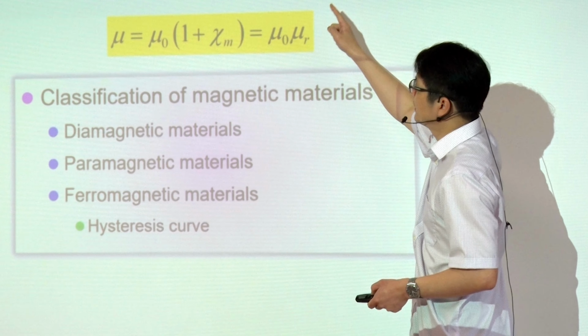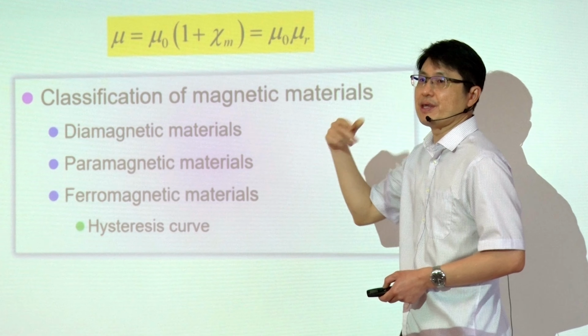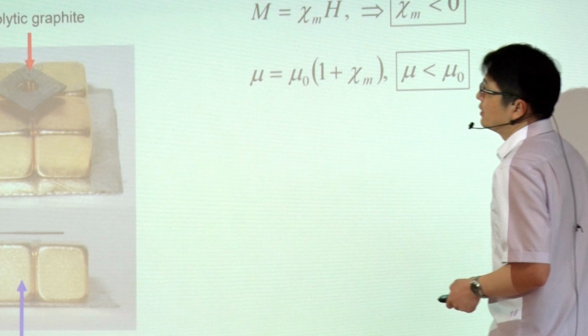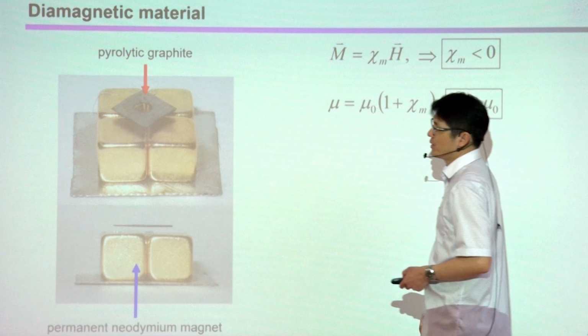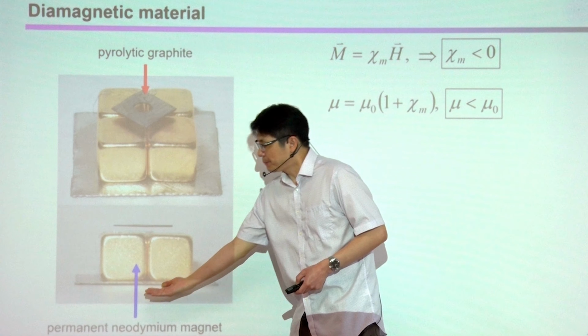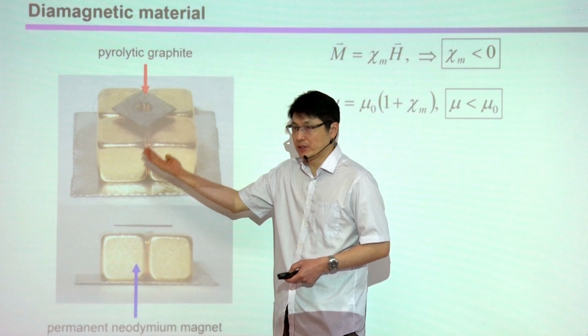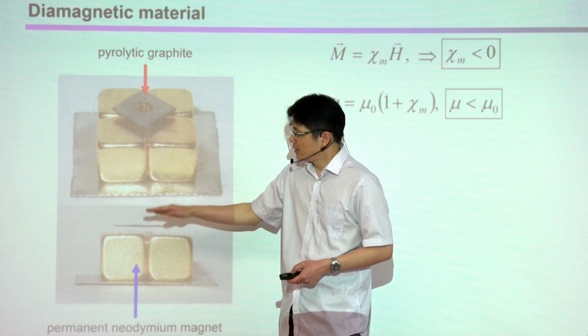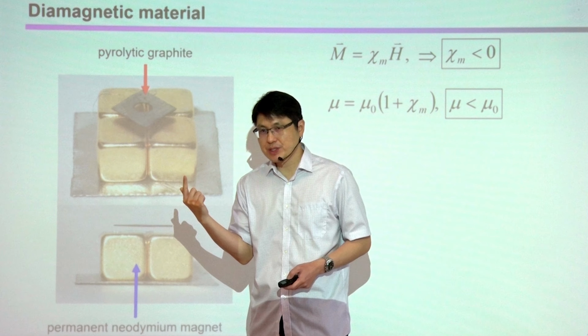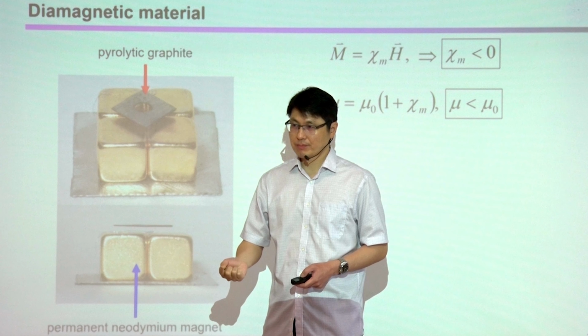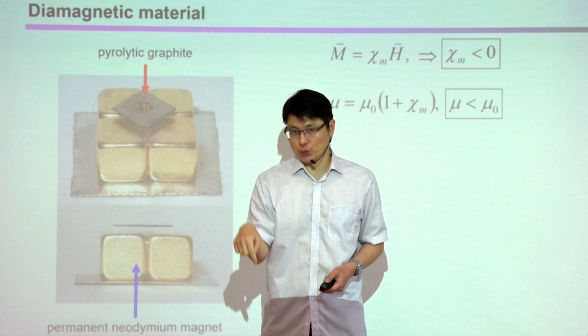They are all depending on the mu r they produce. For diamagnetic materials, when you apply an external field, diamags can give rise to induced magnetic dipoles, but in a reverse direction.